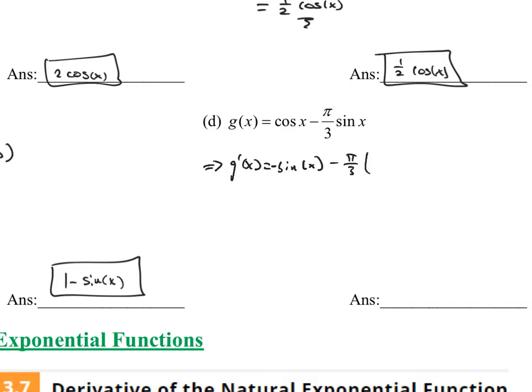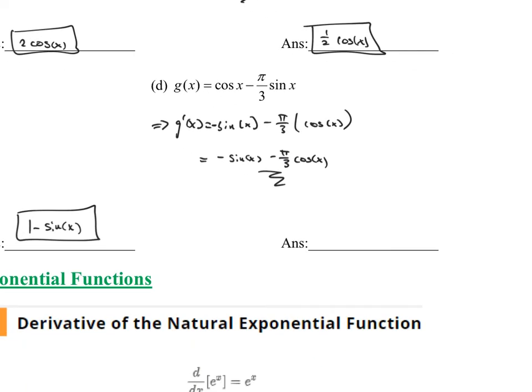The derivative of sine of x is cosine of x. So I'm getting negative sine x, then minus pi thirds cosine of x. And that's my final answer. Negative sine x minus pi thirds cosine of x.